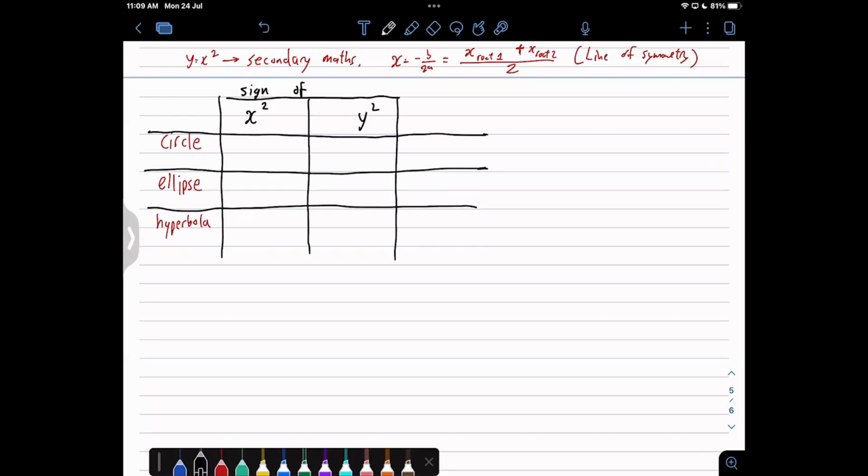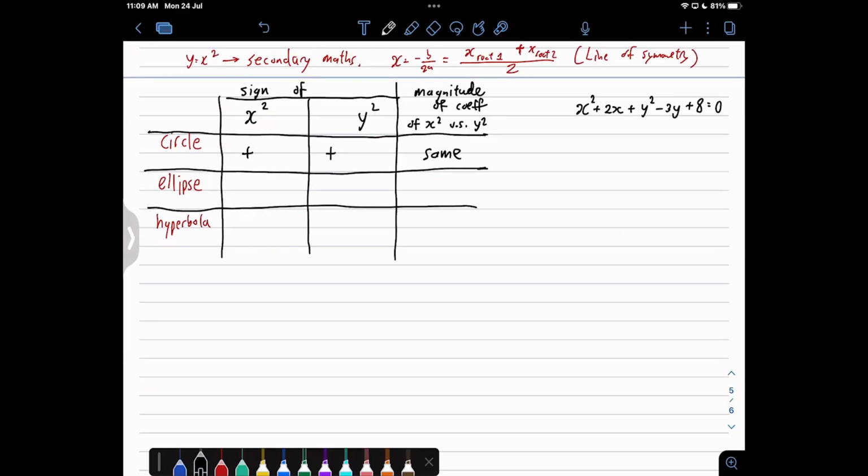So if both are positive, and then now you look at the magnitude of the coefficient of x square versus y square, and it's the same. So for example, x square plus 2x plus y square minus 3y plus 8 equals 0.